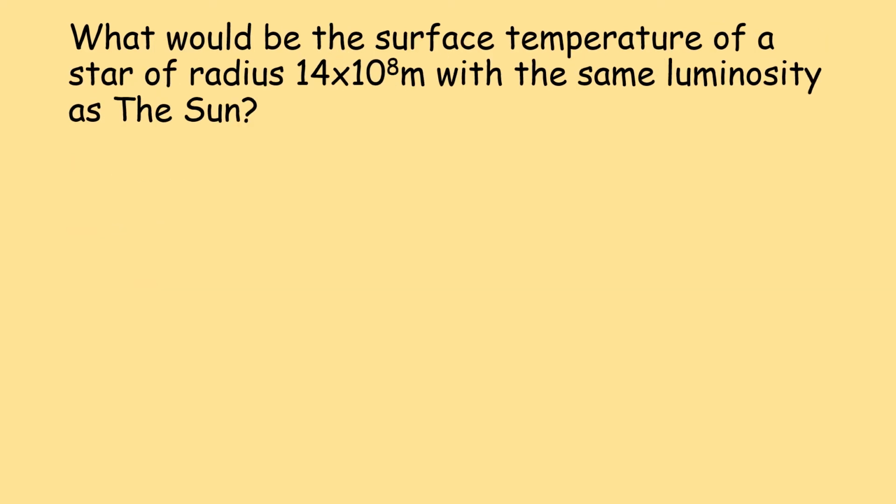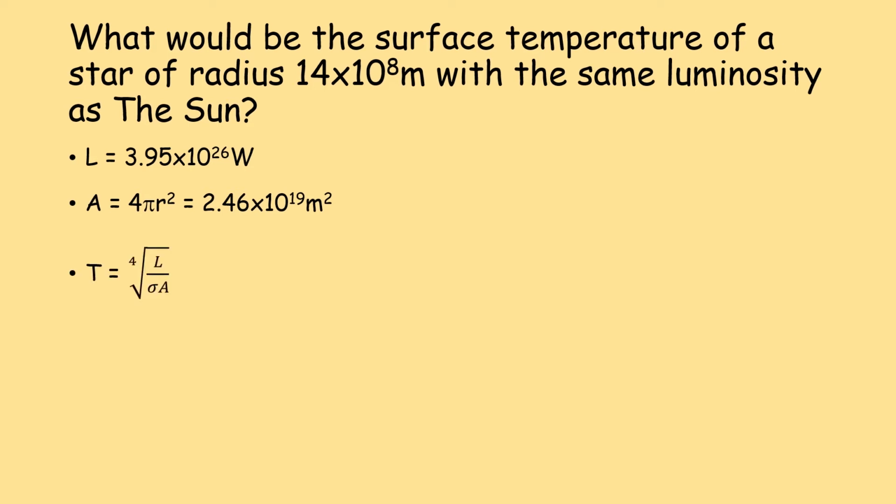So let's now imagine that we have a star which is twice the radius of the sun, but it's the same luminosity. So we can now calculate the surface temperature of a star which is twice the size but has the same luminosity as the sun. So we know the luminosity of our mysterious star is 3.95 times 10 to the 26 watts, and that the surface area of our new star, 4 pi r squared, is 2.46 times 10 to the 19. And so we just rearrange the equation now.